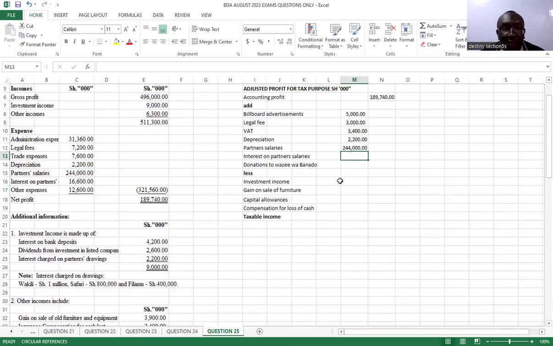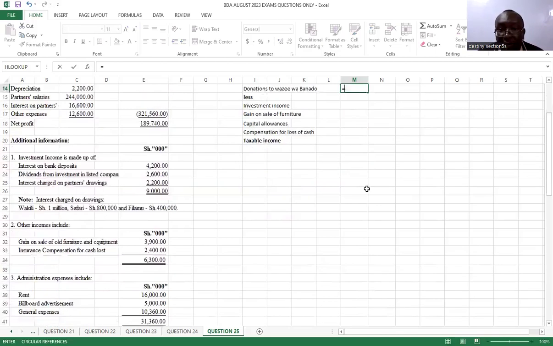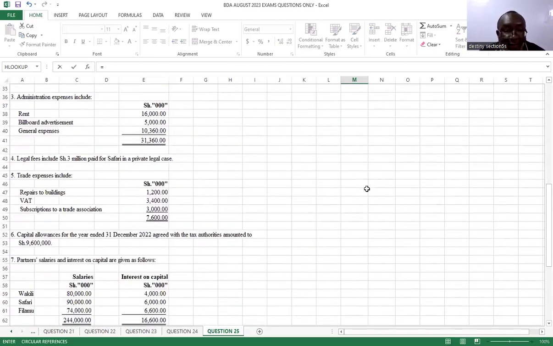We have the interest on partner salaries. We also have to pick it direct here. Those are not part of the operations. Then donations is also not part of our normal expenses.